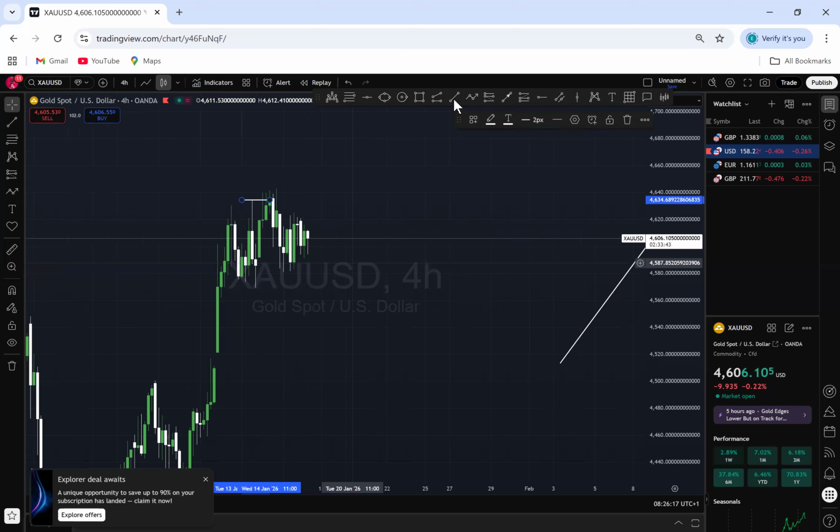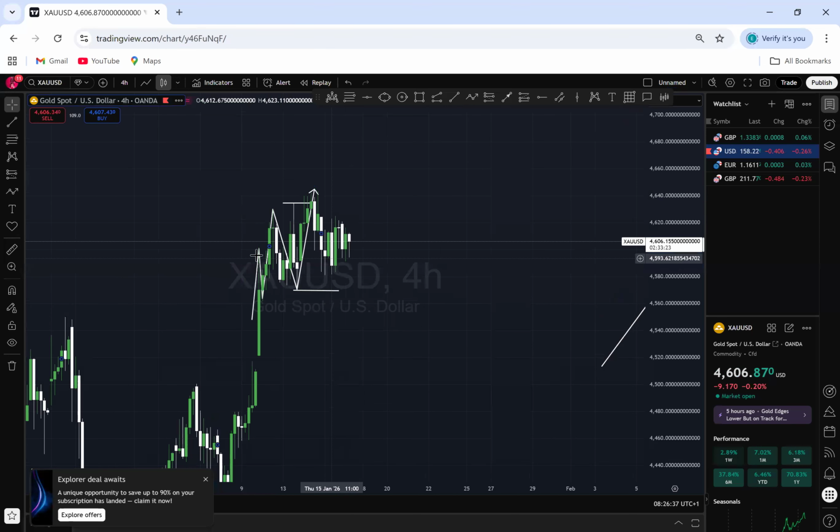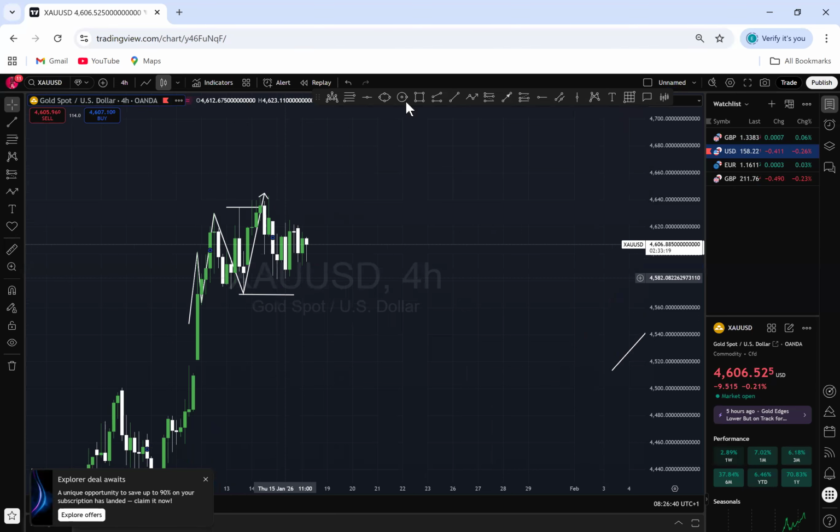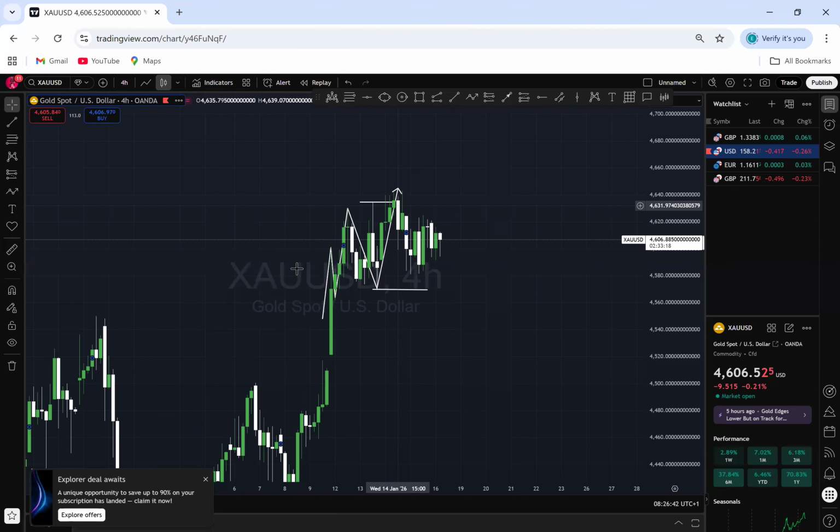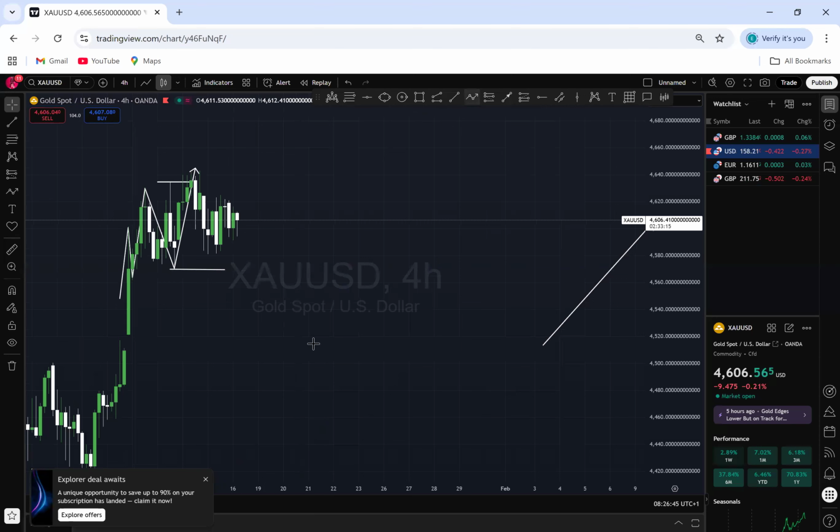If this is where it happened, this is the low that brought about this guy. So we have something like this, and then we have this. So if I have my range like this, I do not want to be looking for anything otherwise but to be buying. Once you are able to mark out your trend on the higher time frame, it is then you should go to the lower time frame to start looking for entries.